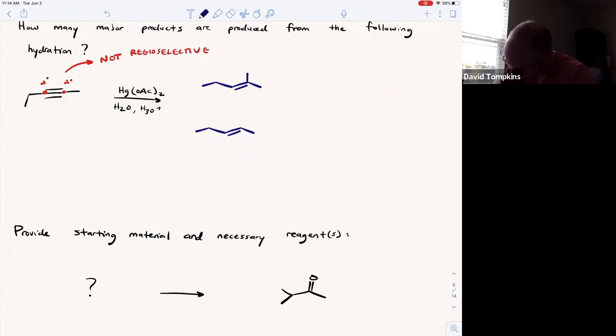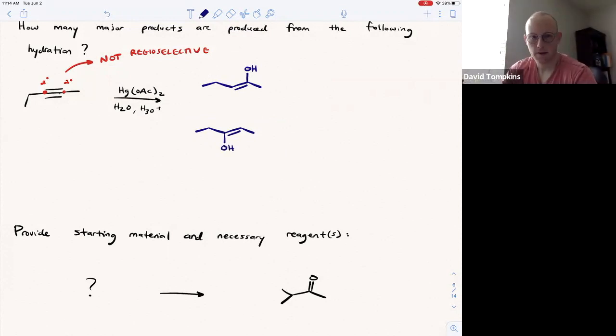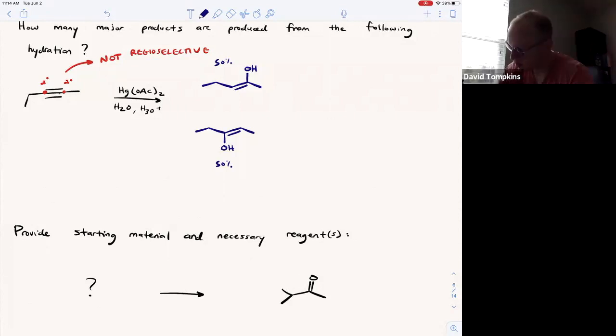And the OH with the enol could form at the secondary carbon 2 or the secondary carbon 3. You get about 50% of each of these enols. It is not regioselective. And then those would each tautomerize to a more stable ketone tautomer.